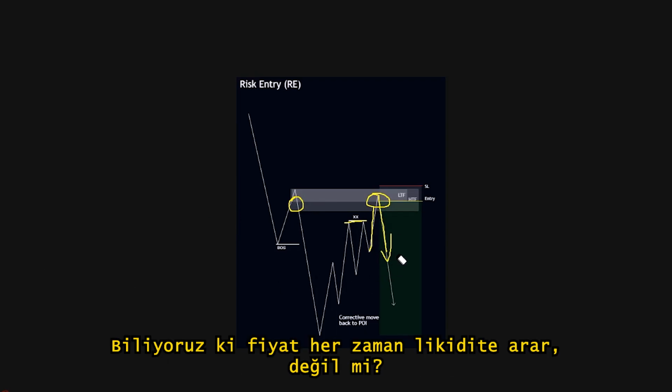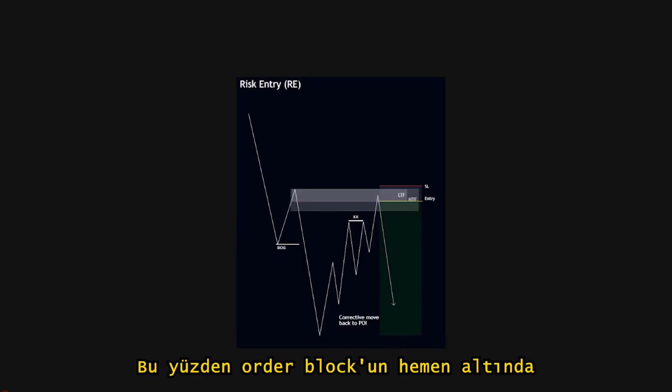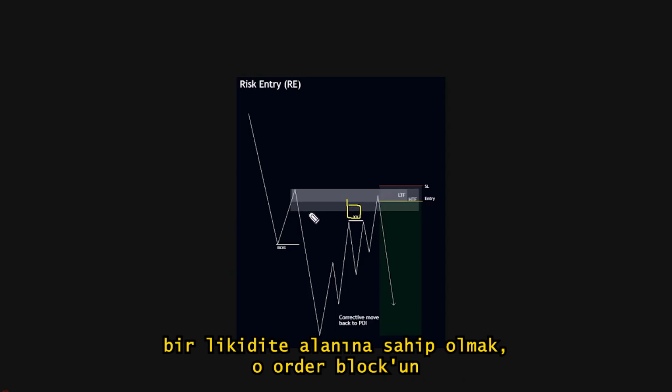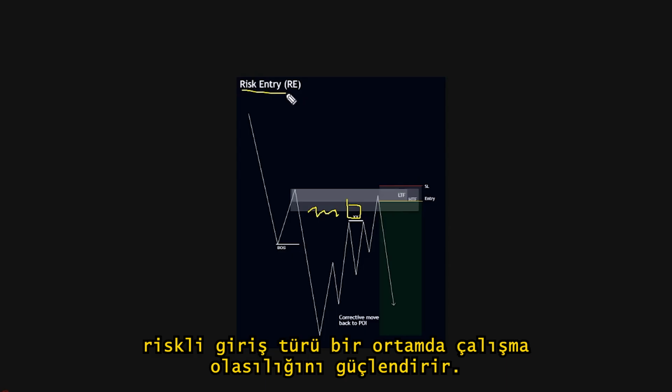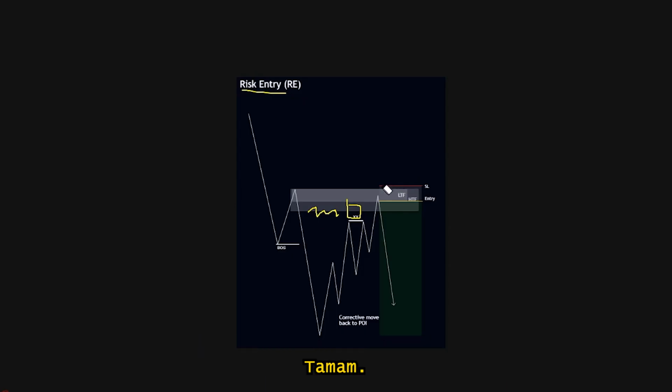So we know that price seeks liquidity at all times. Hence, having an area of liquidity just below the order block strengthens the order block working in a risk entry type of environment. Okay.